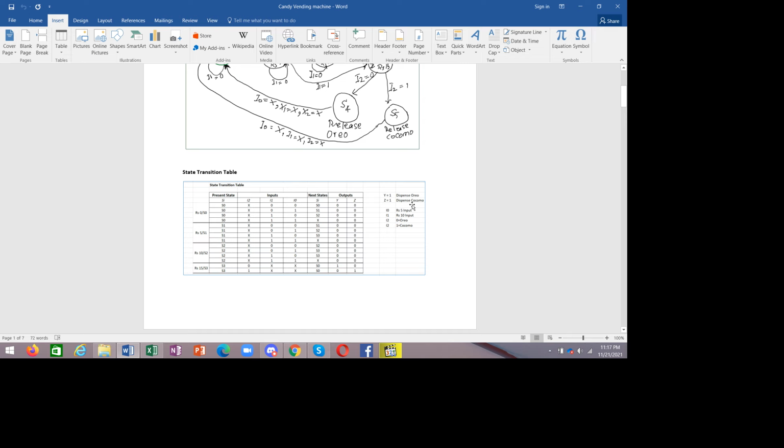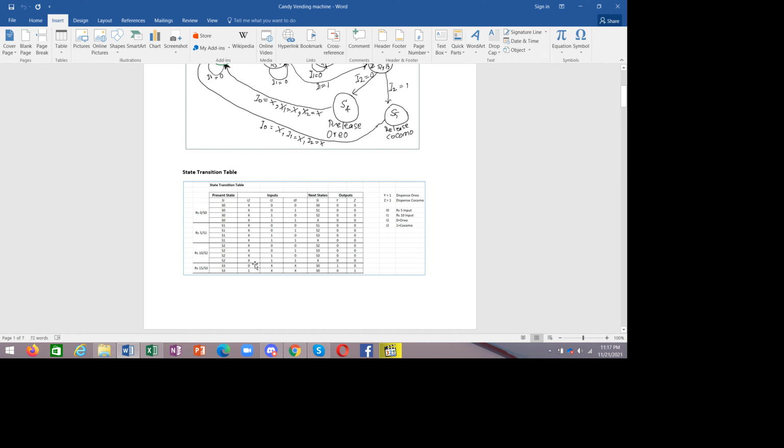When z is equal to 1, we give the user Cocomo. Here you'll see in this row where I2 is equal to 0, y is equal to 1, because we said previously that when I2 is equal to 0 we release Oreo. So here y is 1 and z is 0, and in the last row when I2 is equal to 1, y is 0 and z is 1, and so we dispense Cocomo.